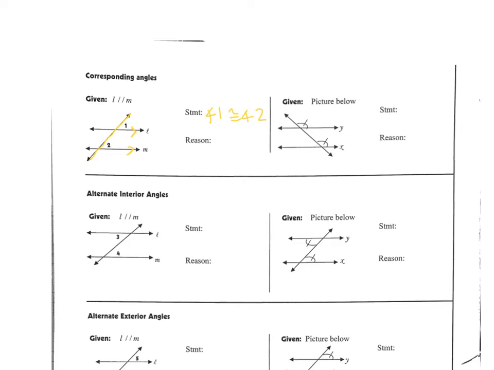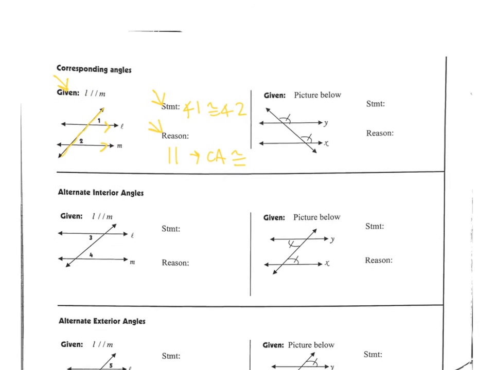And the reason is that parallel lines imply corresponding angles are congruent. So the big thing here is that we want to, in our mind, link together the given information and know that from that given information of lines being parallel, we can pull out this statement, and that this reason justifies that statement.